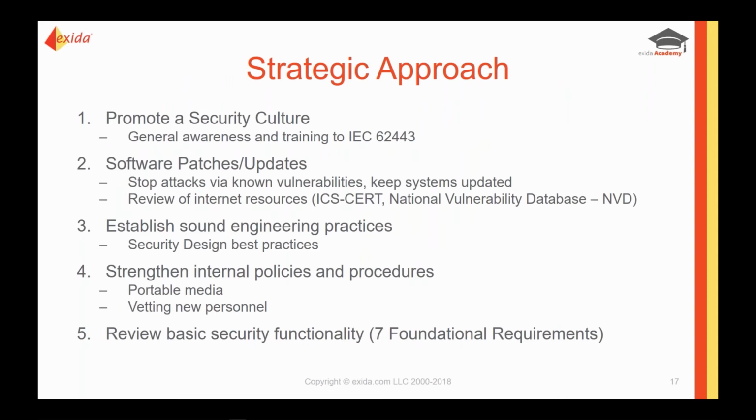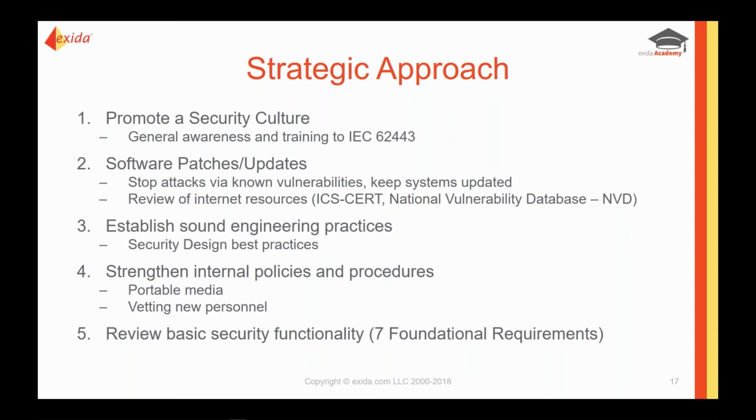If you step back and look at your environments, an overall strategic approach certainly starts with promoting an overall security culture. The 62443 really does, from a broad perspective, cover many, many aspects of security within an environment. So having a general understanding, training teams and members of your organization, and developing that overall security culture is a key starting point.